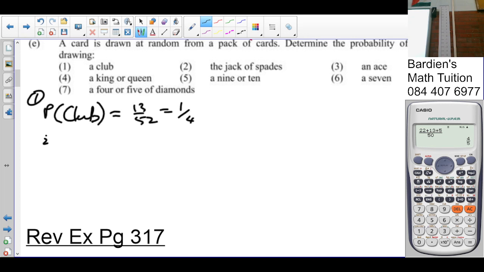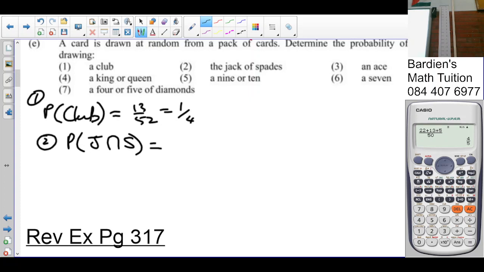Number 2, a jack of spades. How many jack of spades are there? There's one jack of spades. Remember the other one was union, not so? Now this is intersection, not minus. This means both conditions must be met. You understand? So it must be a jack and it must be a spade. So how many jacks are there in total? 4.